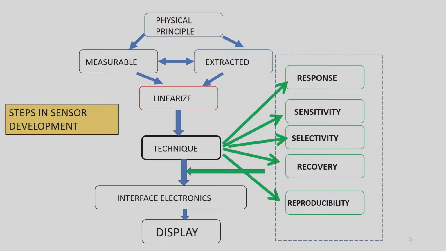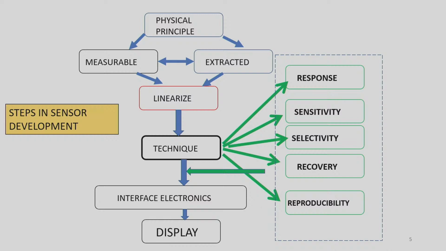I'll give you a very simple example in the next slide. Then you have two measures: there is a quantity that is the input, and a quantity that is the output. These two must have a correlatable relation between each other. So it has to be a mathematical equation which relates the input to the output.